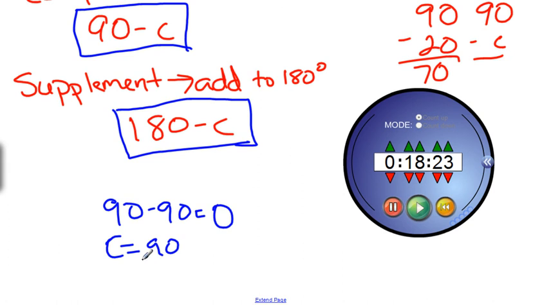So c can't be 90, and it can't be anything bigger than 90. So c has to be less than 90 degrees. If this is a right angle or obtuse angle, it doesn't have a complement. And the same thing for supplement, this angle would have to be less than 180.